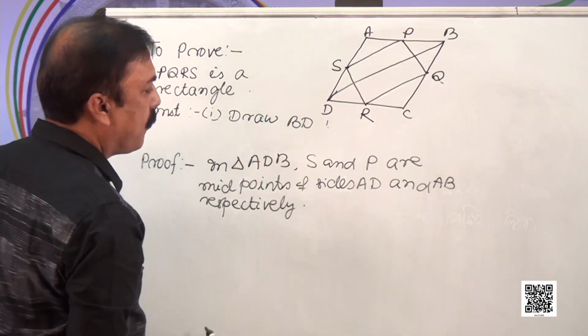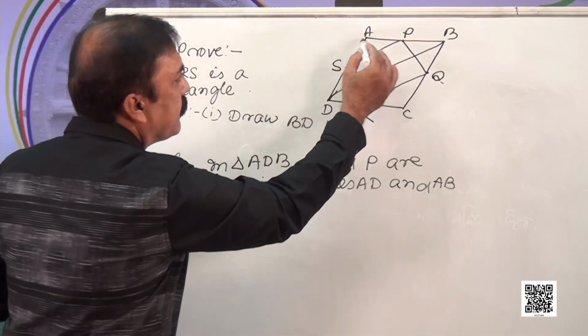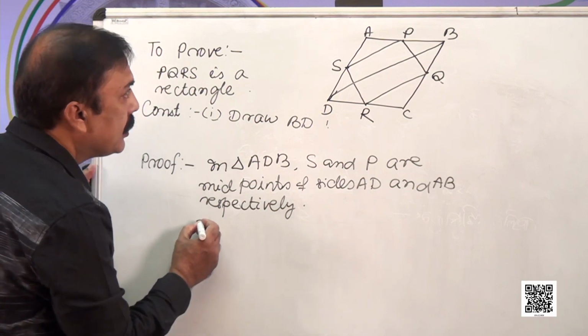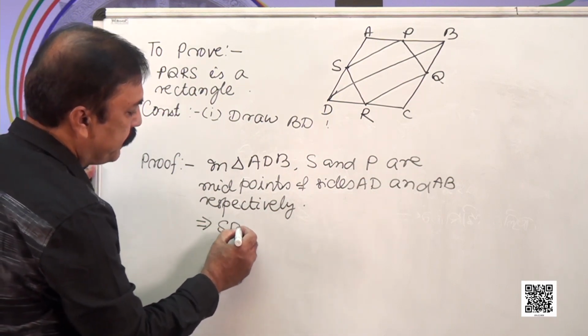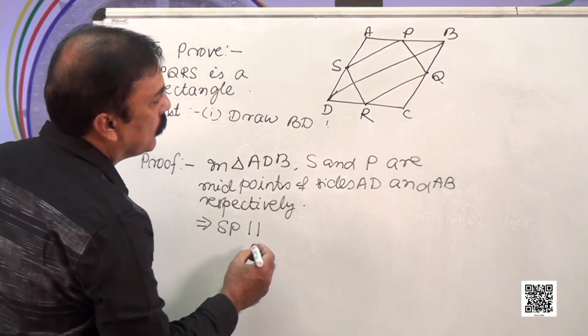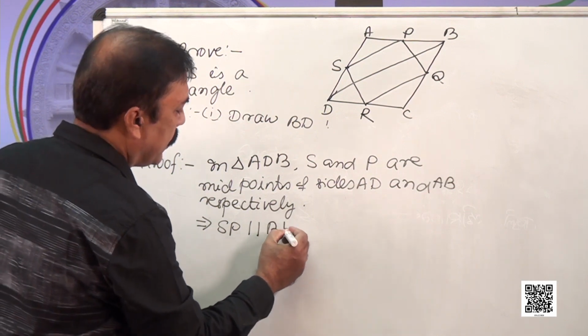S is midpoint of AD and P is midpoint of AB. This implies that SP is parallel to DB or BD.